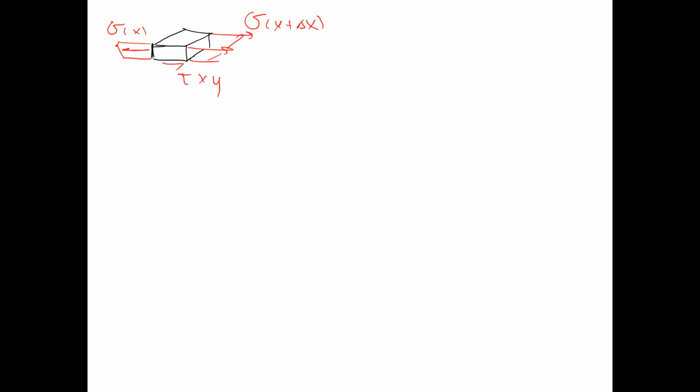And then tau xy. Let's look at the equilibrium of this object. So we're going to take the sum of the forces in the x direction and set them equal to 0.